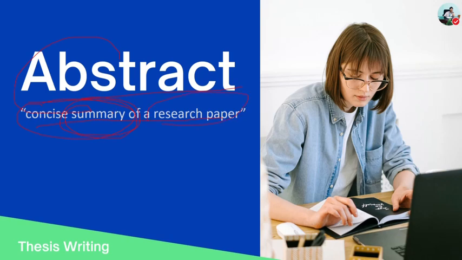Also, it is for information retrieval. Readers often use the abstract to quickly determine if a paper is relevant to their own research or interests. It helps the readers decide whether to read the full paper.